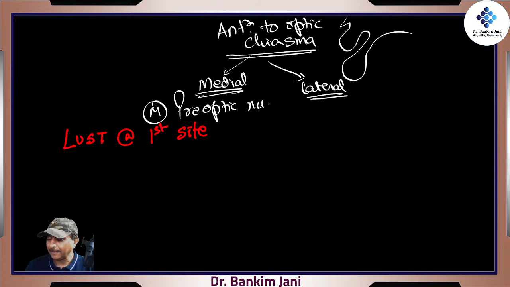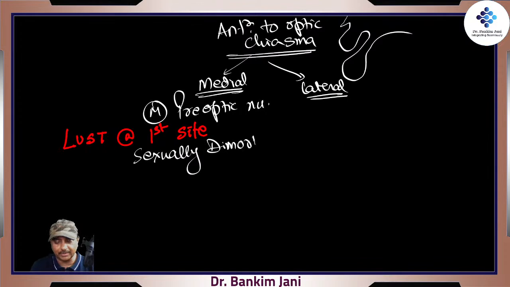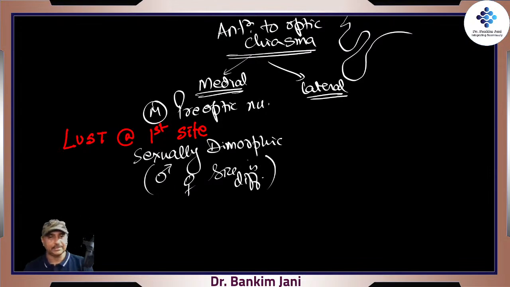Why? Because that's the function of this nucleus. This is sexually dimorphic, meaning that in case of male and in case of female, the size of this nucleus is different.